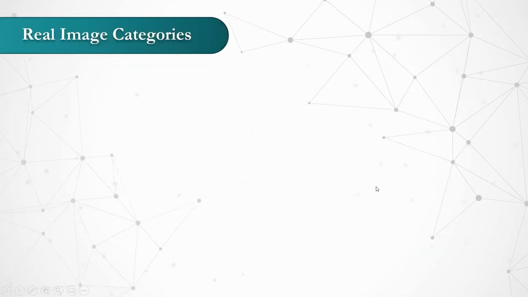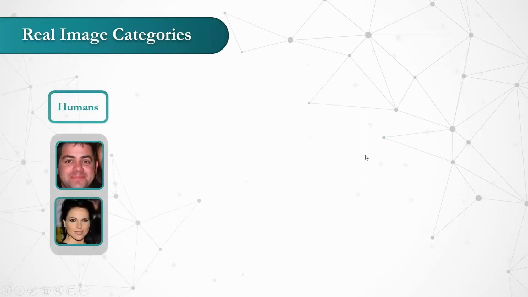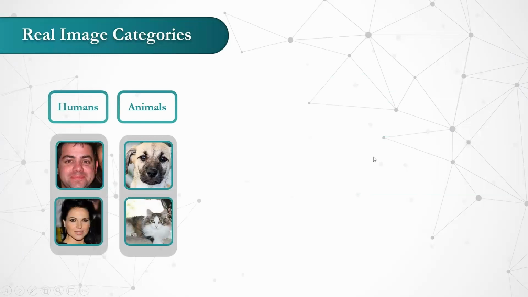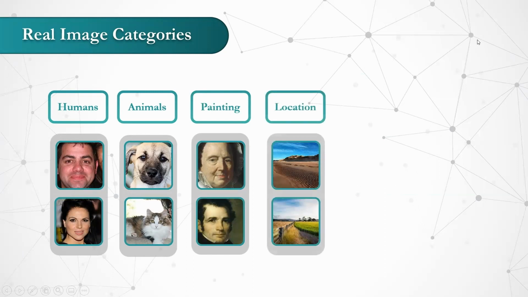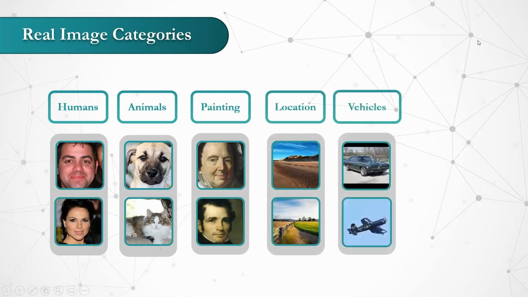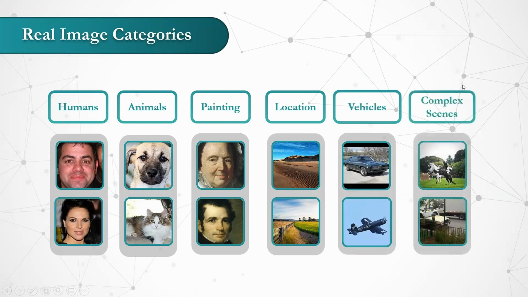The dataset contains images with categories such as humans, human faces, different types of animals, paintings of different artists, locations and different places, vehicles of different kinds, and lastly, complex scenes that consist of multiple objects.